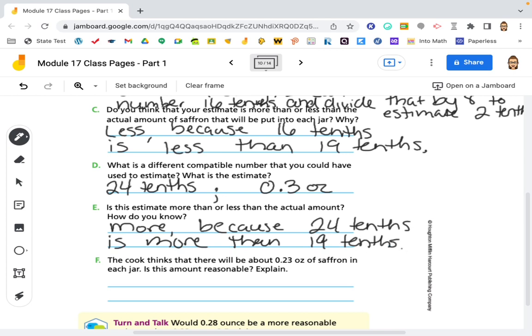So it says the cook thinks that there will be about 2 and 3/10 ounces of saffron in each jar. Is this amount reasonable?